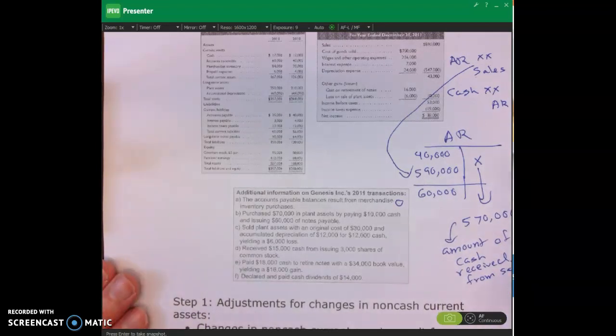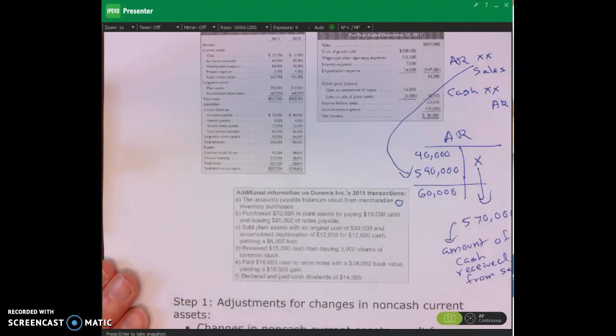So if you are trying to take net income and determine how much cash you have, you have to subtract that $20,000 because you only pulled in $570,000 in cash from your $590,000 in sales. So your $38,900 net income is based upon $590,000 of sales, but you only collected $570,000 in cash, $20,000 less cash.